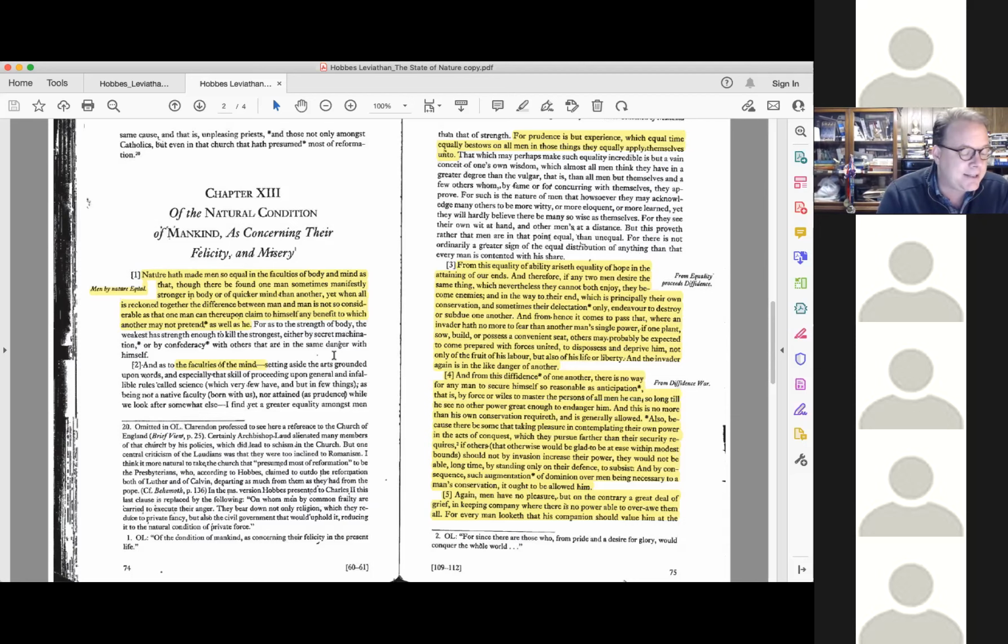But here he says the conflict between human beings arises precisely because they are equal in their power, right?